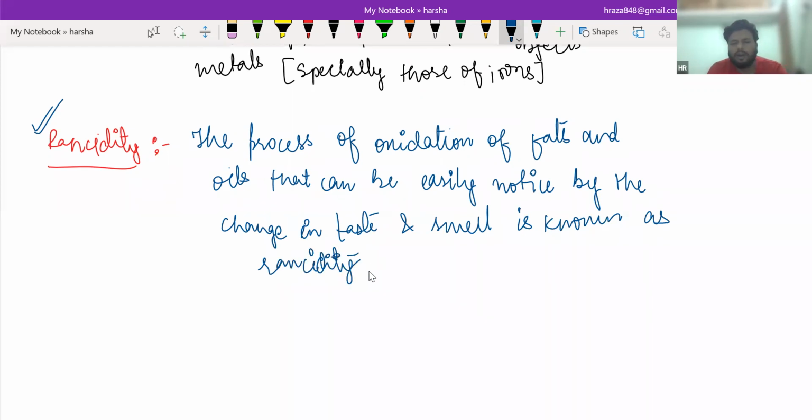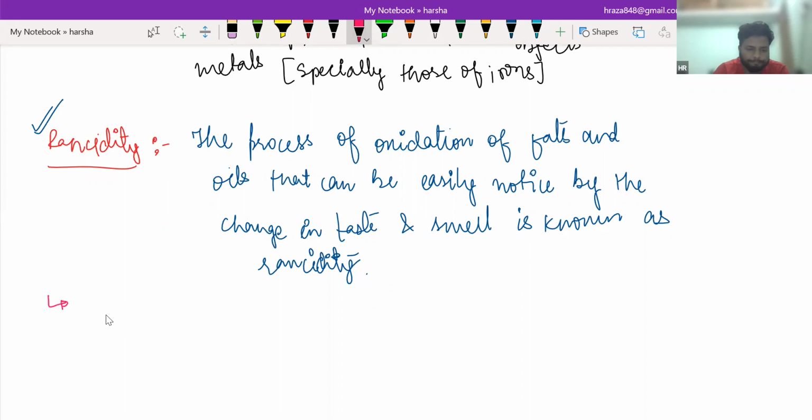So basically, to prevent rancidity, we use antioxidants. If food is exposed to air, the antioxidant won't allow the food to turn rancid. Please write it. How will we prevent this?